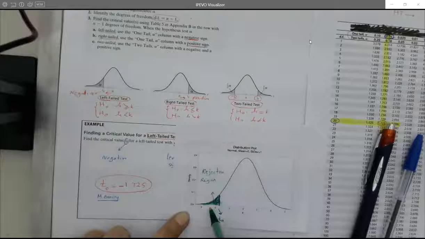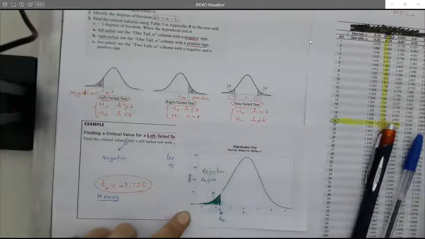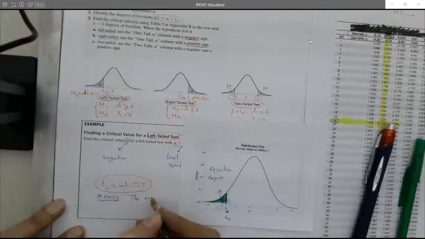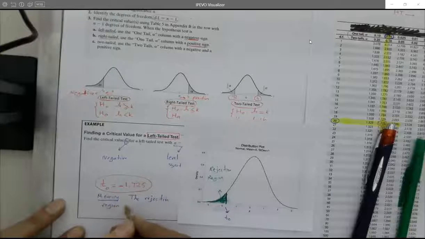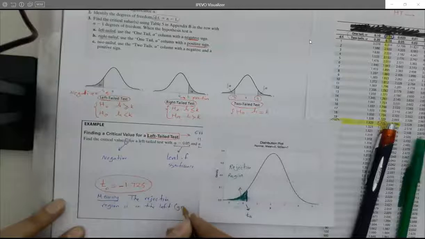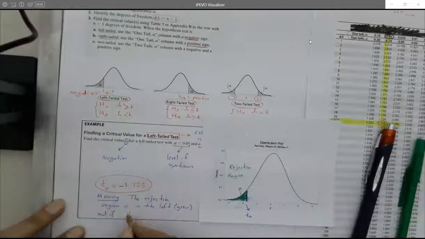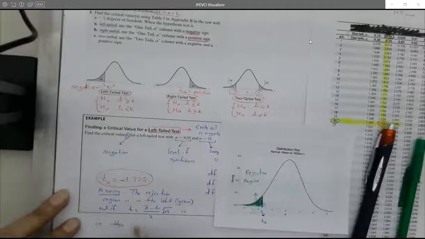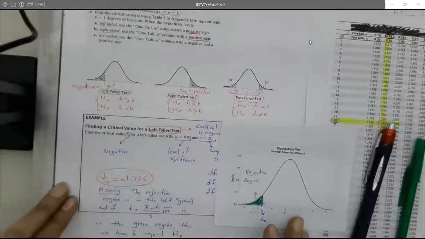If t lands here, it means that I need to reject the null hypothesis, meaning the rejection region is on the left, the green area to the left, and if my t, which is x bar minus mu divided by s times square root of n, is in this region, in this green region, then we have to reject the null hypothesis. That's the meaning of that.